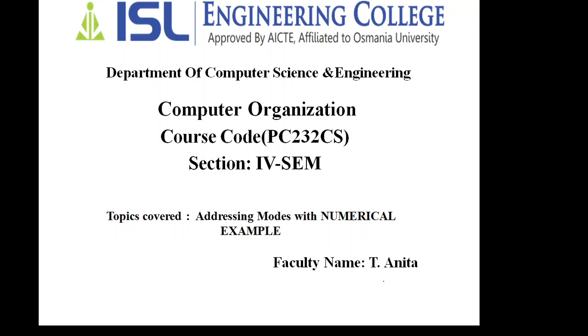If you practice this numerical example, you will know how the addressing modes are accessed, what relative and indexed addressing modes are, and everything else. That is an assignment for you. Practice this example by watching this video one or two times, and you will understand things very clearly.